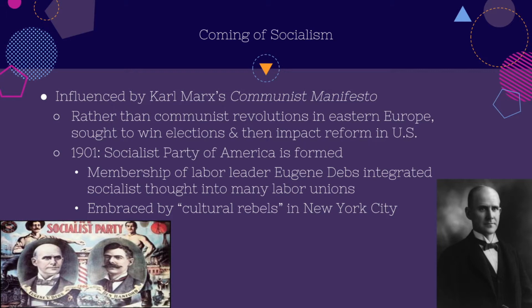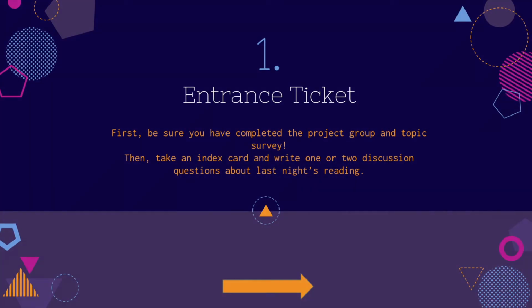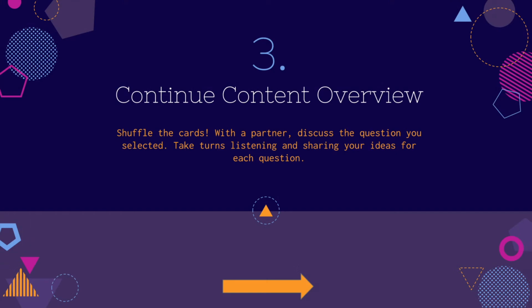I believe that he won up to 10% of the popular vote during one of those elections, although, again, I don't have my notes in front of me. Apologies. But this was a very, very significant accomplishment for socialism in the United States. Although it did die down in the wake of World War One, and of course in the wake of World War Two with the coming of the Cold War. Moving forward.